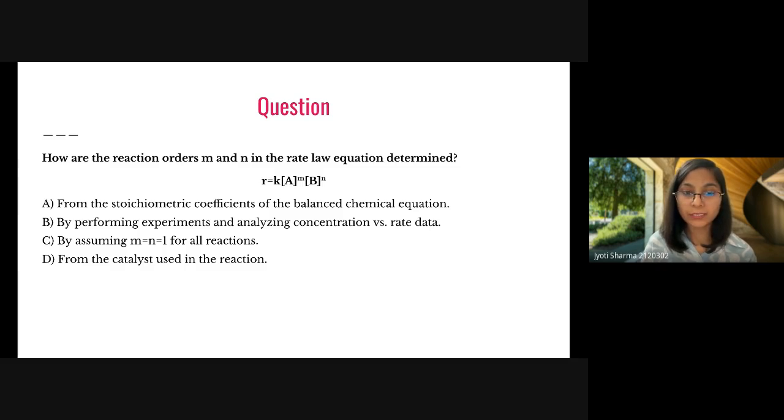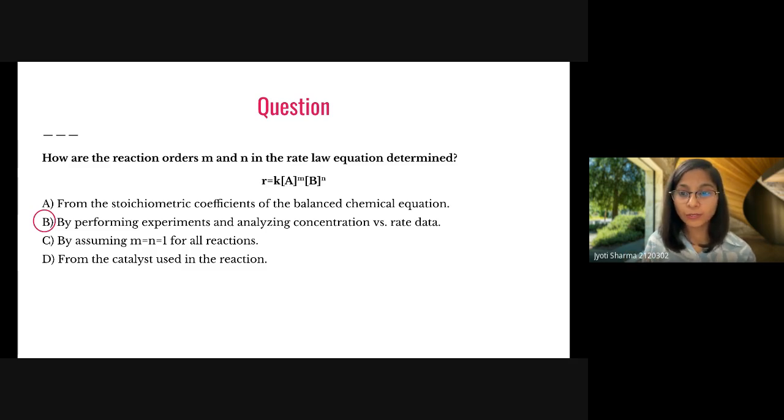So let me first explain what we mean by reaction rate, and then we will go to how we can perform this experimentally. I have one or two slides for this. So the answer will be by performing experiments and analyzing concentration versus rate data.